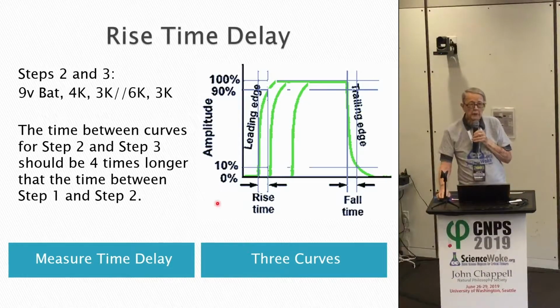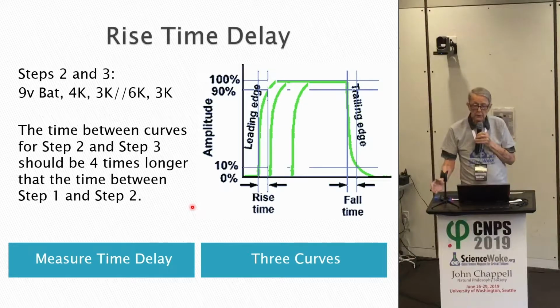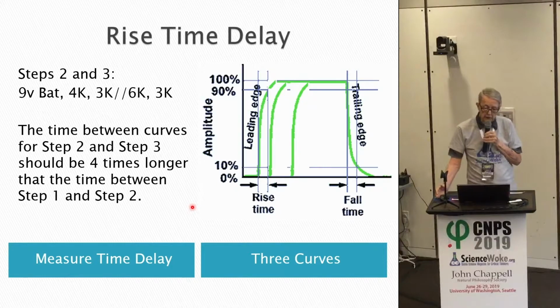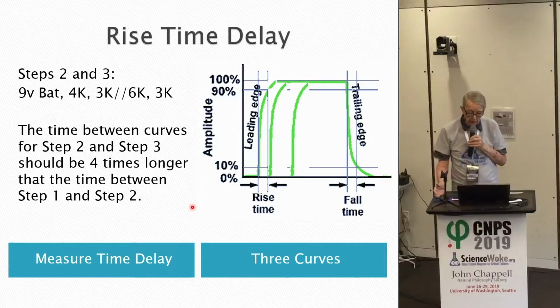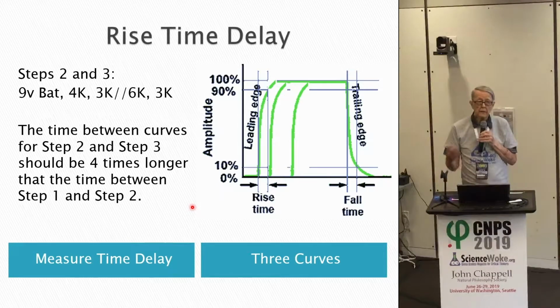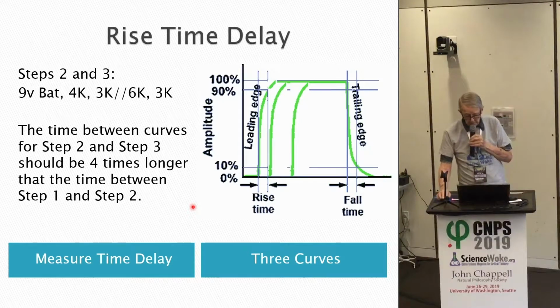That's just a prediction. It's a doable experiment with a 6.5 digit voltmeter with automatic recording on a digital storage scope. These experiments are quite easy to do.